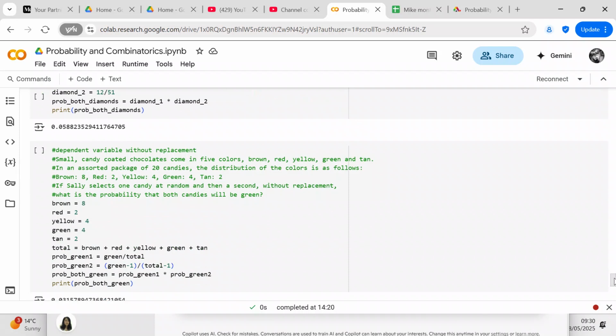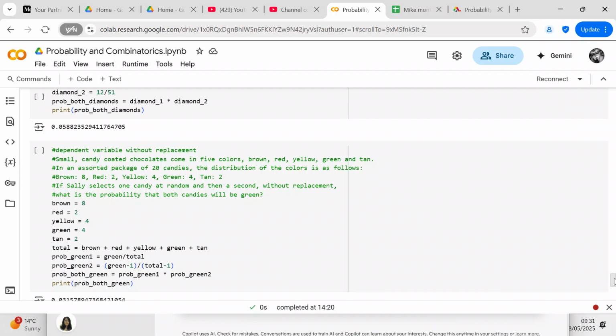If Sally selects one candy at random and then a second without replacement, what is the probability that both candies will be green? So brown equals 8, red equals 2, yellow equals 4, green equals 4, tan equals 2, and then you have a total of 20.